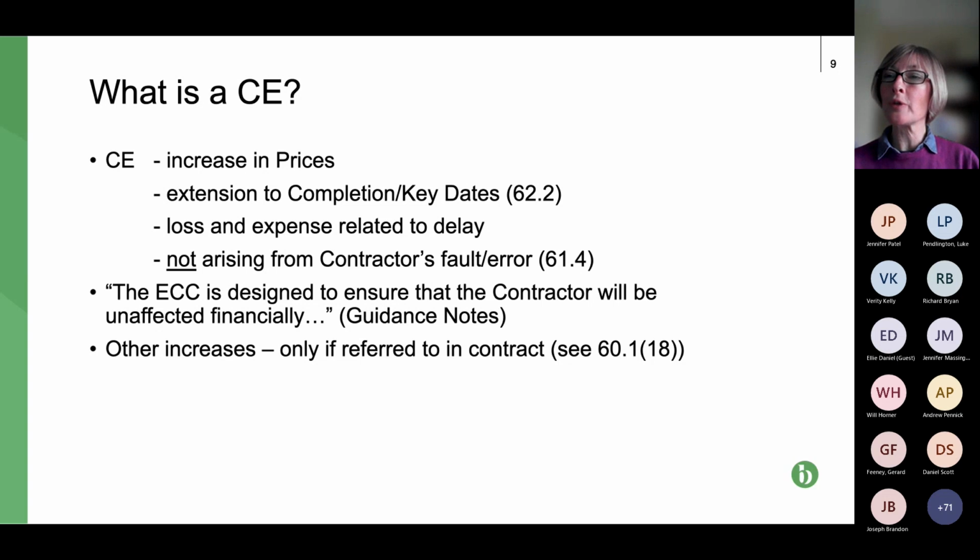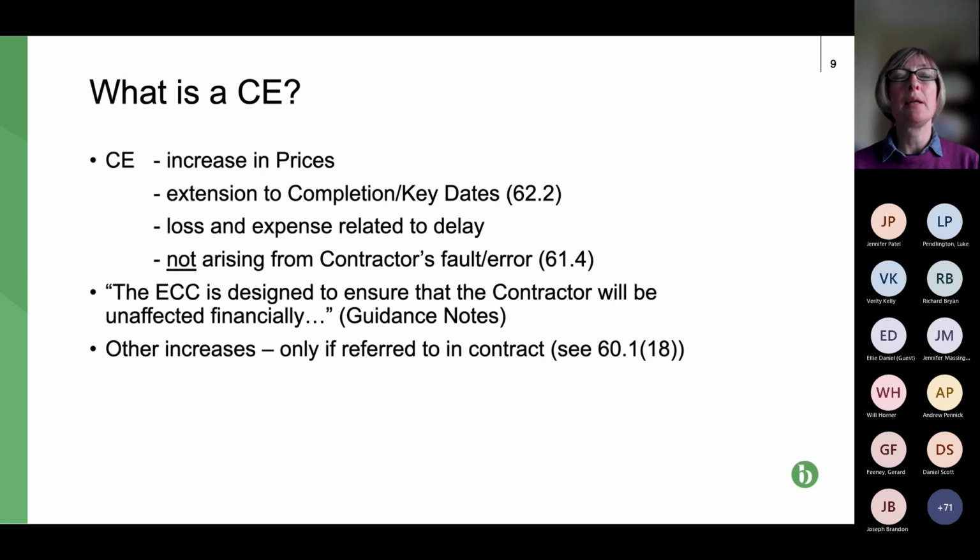So there are three elements which are dealt with separately in JCT: extra work, extension of time, and loss and expense cost relating to that extension of time are all covered within a compensation event. Second bullet point is a quote from the NEC guidance notes.